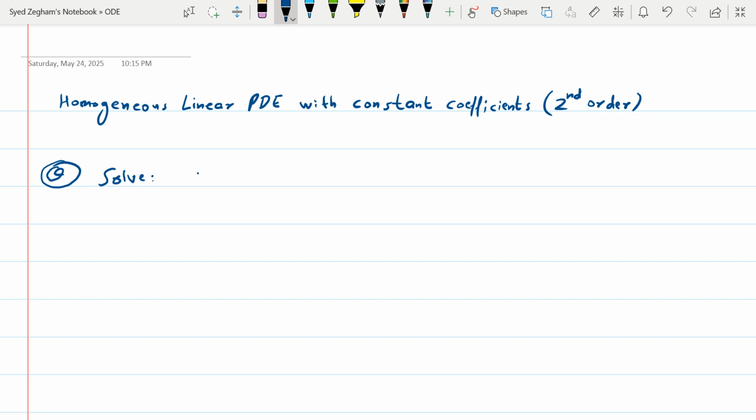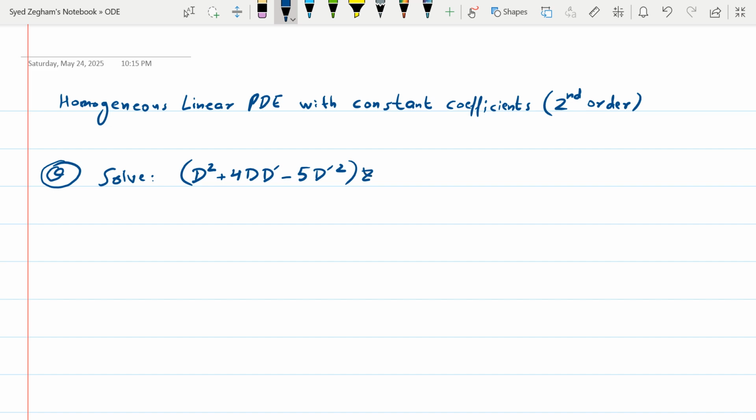Let us say, bracket D square, where D represents dou by dou x, partial derivative with respect to x, plus 4 D D prime, where D prime represents dou by dou y, partial derivative with respect to y, minus 5 times D prime square, bracket.